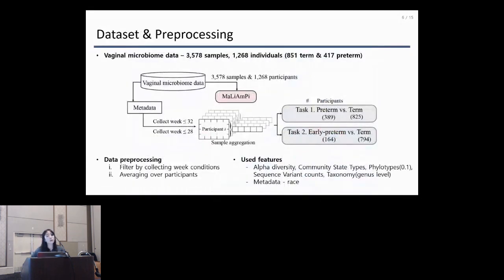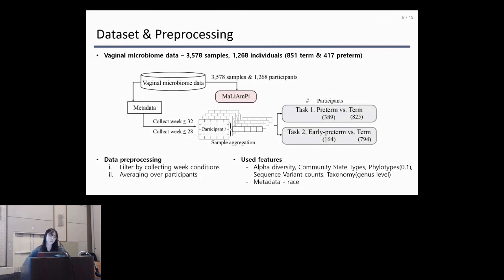This is the summary of the datasets we got for this challenge. There are around 3,600 samples and 1,300 individuals. We did some data pre-processing, filtering by the collecting weight conditions, to make this data be under the same condition as the test dataset.